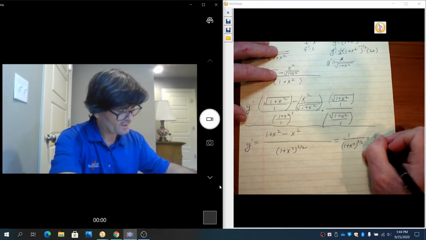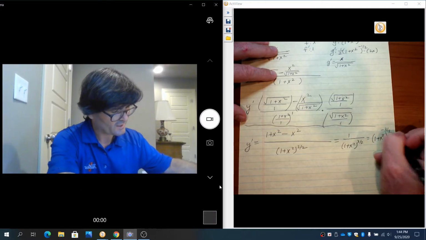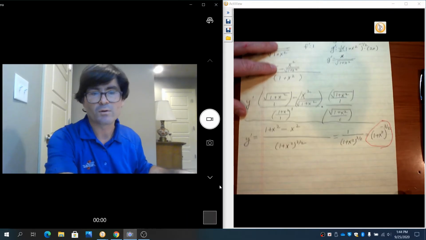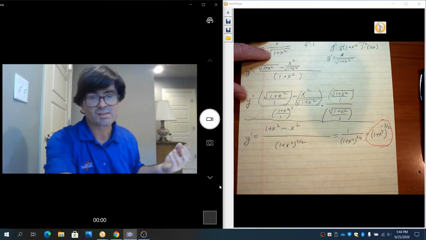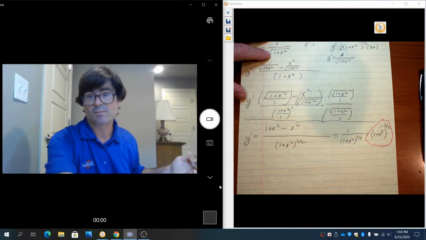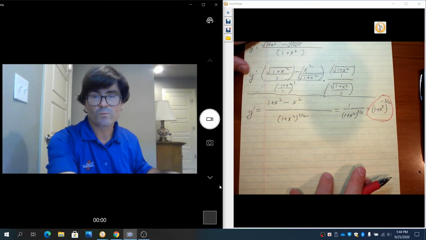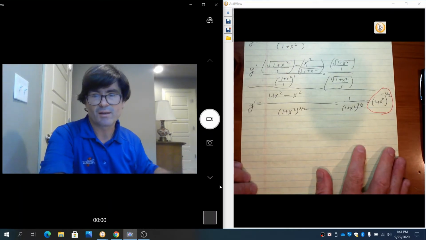And then in the back of the book, they write 1 plus x squared to the negative 3/2, and they'd say that's your answer. And you just look at that and say, what in the world? I got this. So being able to use algebra to simplify things sometimes really is challenging, but it comes in really handy. So just a little word of warning there for you to simplify the compound fractions.